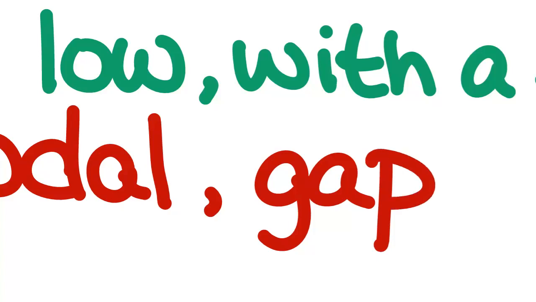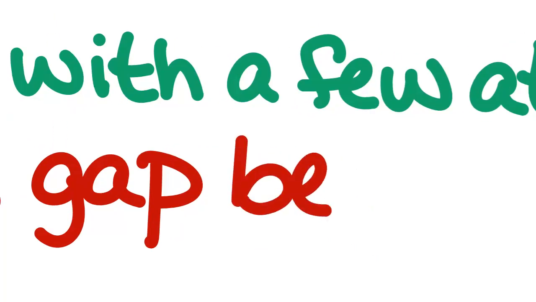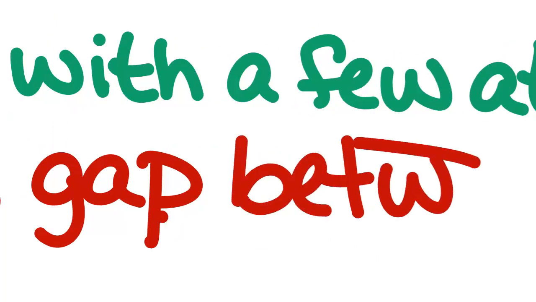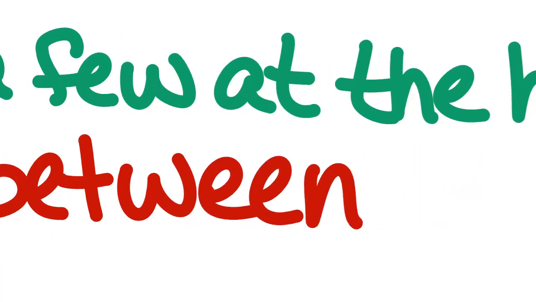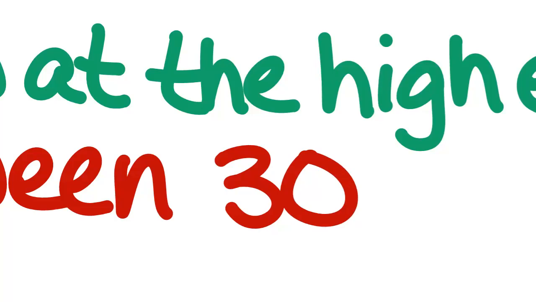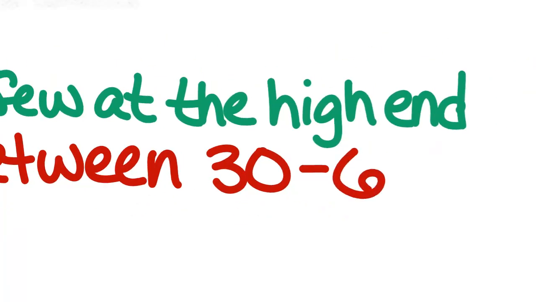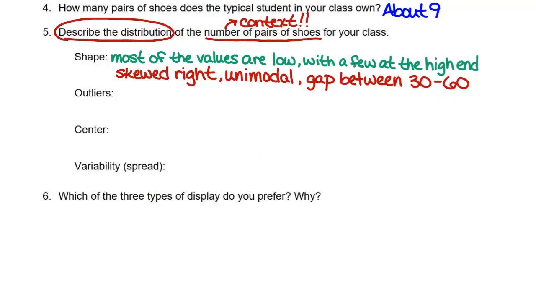There's a gap between 30 and 60. We'll talk about these other pieces, outlier, center, variability, tomorrow.